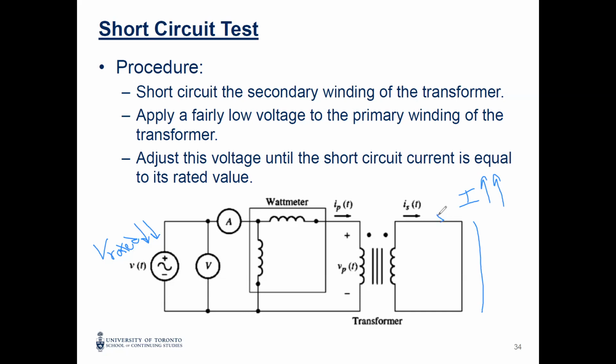And the current, because it's very, very high, I'm going to limit it to the rated current. This is the reason I'm not going to apply the rated voltage. If you apply the rated voltage and your transformer is short-circuited, the current will go very, very high. You are going to burn the windings of the transformer. So I'm going to gradually increase the voltage until I reach the rated current, and that's it.